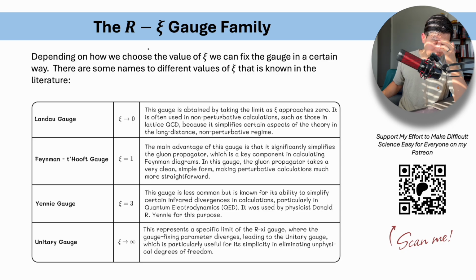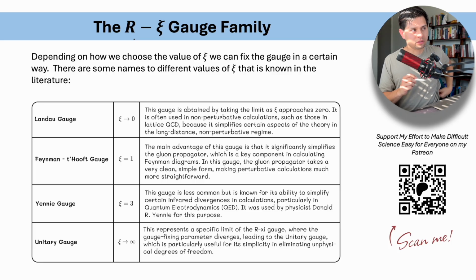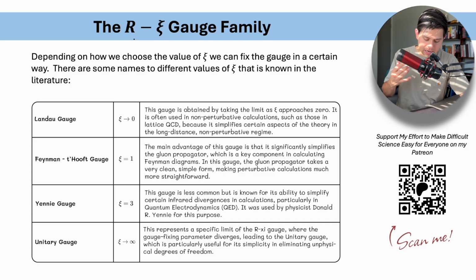That is part of a family of terms, right? So this is actually quite interesting. When I started learning about this, I thought it was quite illuminating. Depending on how we choose the value of chi, we can fix the gauge in a certain way. Okay, and this is just a number, right? There are names for different values of chi that are known in the literature.